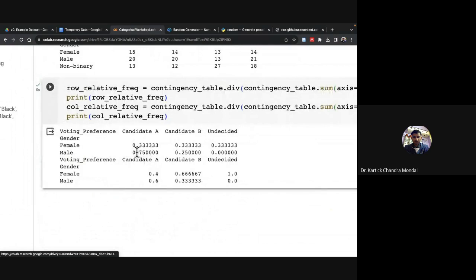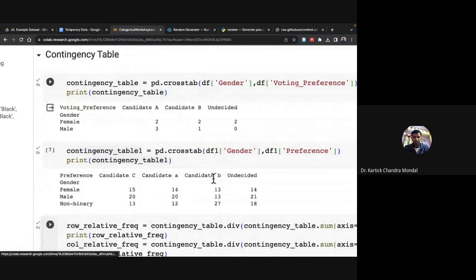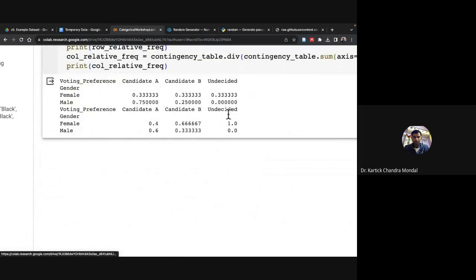What are those answers? 75% of the male candidates prefer candidate A, and 25% of the male candidates prefer candidate B. Similarly, here 100% of those who have voted undecided are female. So instead of numbers, you can say this in percentages by using the relative frequency table.